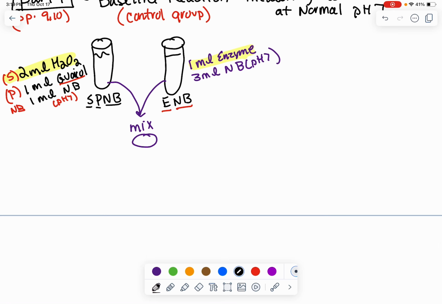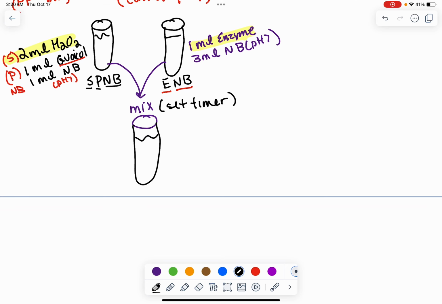So you're going to mix those into 1 tube, and as soon as you mix, you're going to set your timer because the reaction starts. It may start turning brown if the reaction is occurring, because the guaiacol is reacting with the oxygen. That's a product.